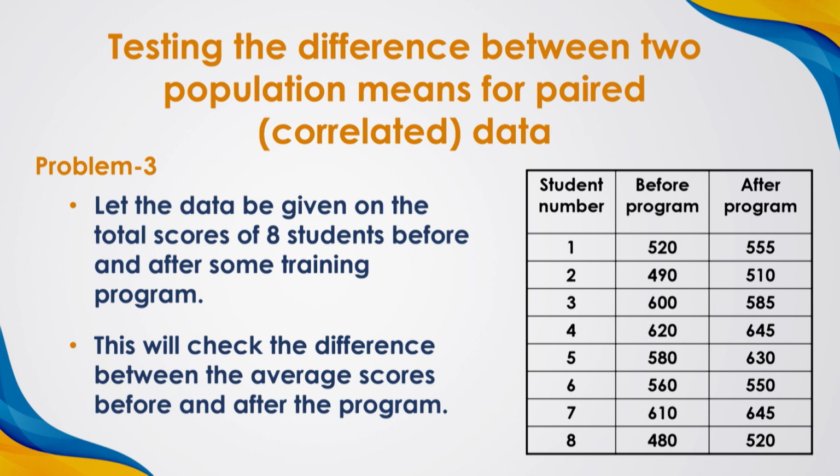So, after understanding this data, we have to check whether there is any significant difference between the two averages before training and after training. For this, we can also assume that if the training has an impact, after training the average should be more.